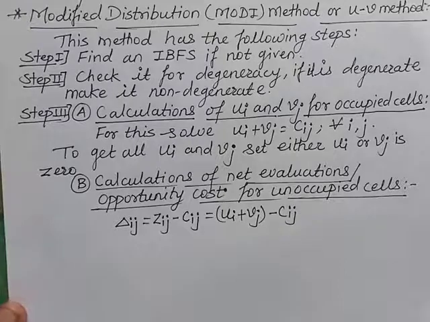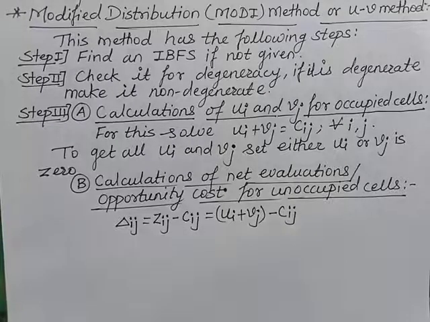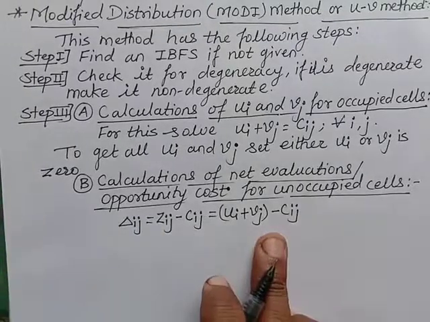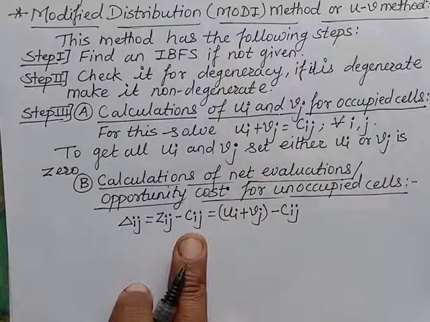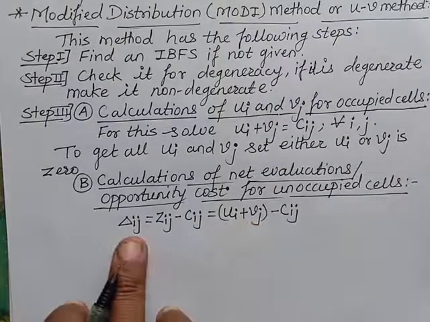This is the calculation. For each unoccupied cell we have to do this. After finding ui and vj, we can easily determine this delta ij.